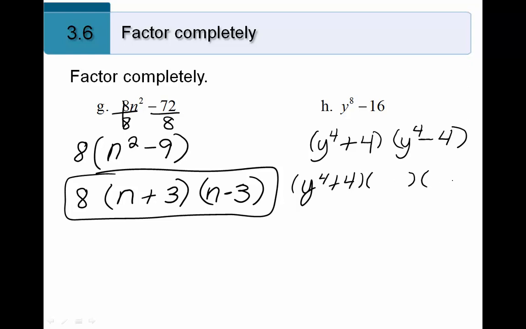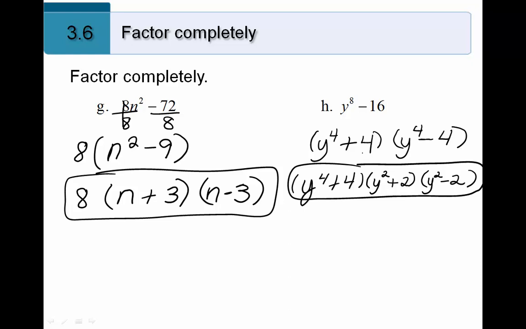However, you can y to the 4th minus 4 is a difference of squares. So that will factor y squared, and we'll have a plus 2 and a minus 2. So we get y to the 4th plus 4 multiplied by y squared plus 2 multiplied by y squared minus 2.